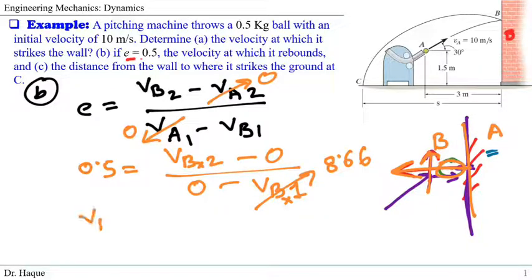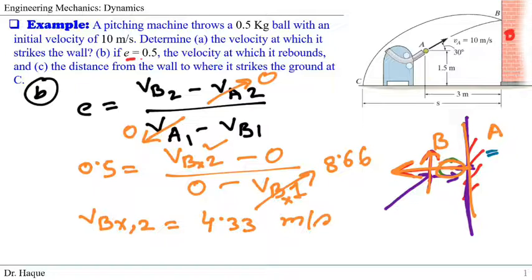If we plug this value, because this is the only unknown, you can find the VB X component of rebound, VBX2, which is 4.33 meters per second.